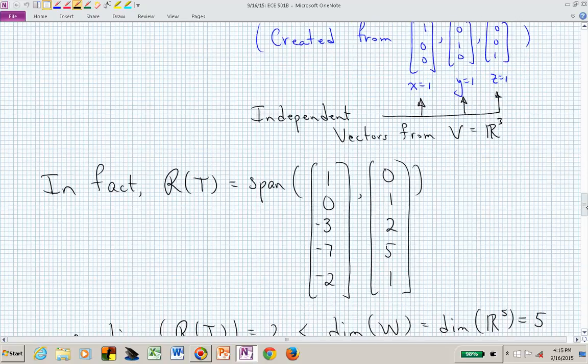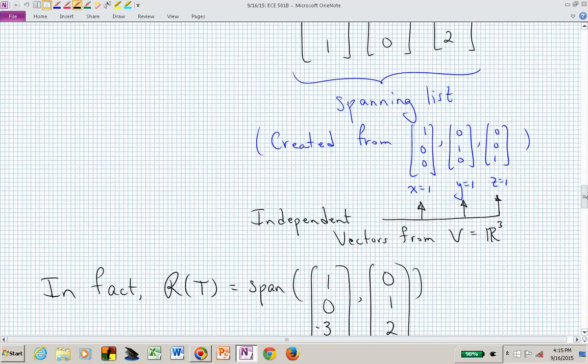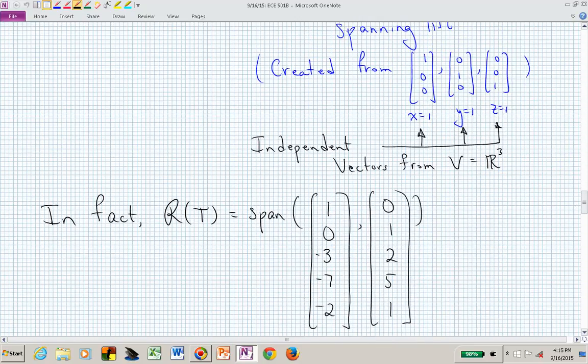Now, in fact, those 3 spanning vectors are not linearly independent. There's actually some dependency. I'm not going to show it here, but in fact, the range of T is only spanned by two vectors in R5. So one of those could be shown to be a linear combination of the other two.